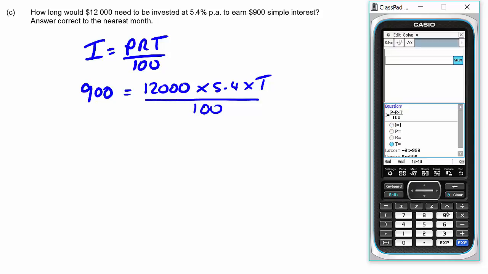So the interest is 900. Principal is 12,000. The rate is 5.4. Hit the little solve thing up there. And we've got 1.388.